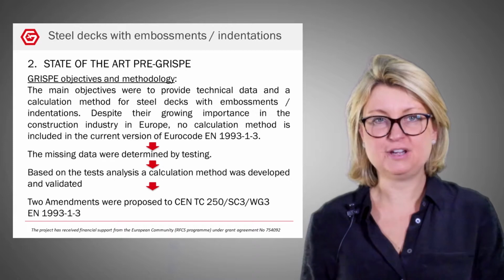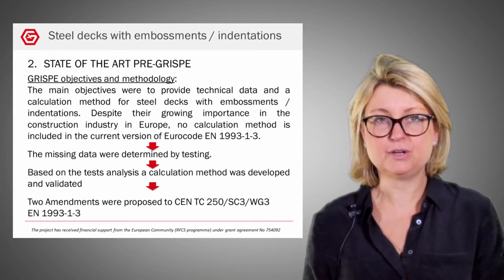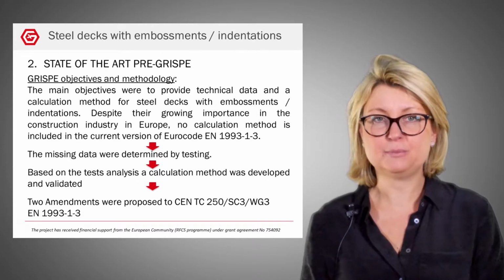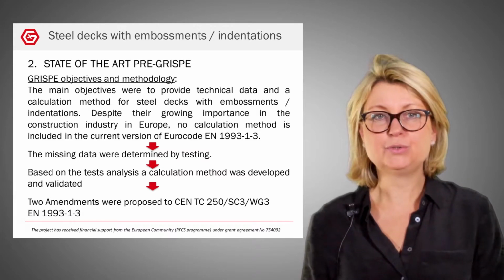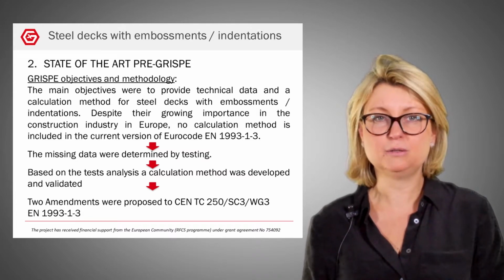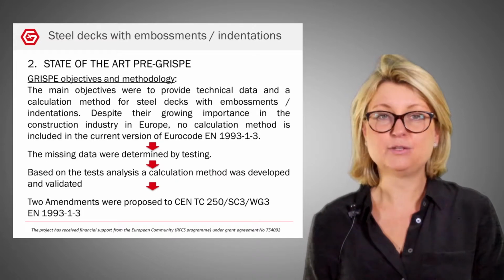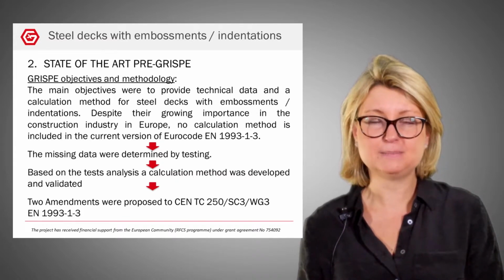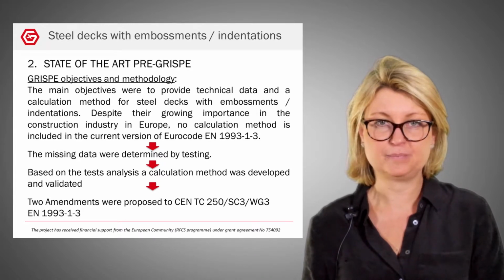The state of the art has allowed us to determine the GRISP project objectives and the methodology to be applied to achieve them. The main goals were to determine the technical missing data and, of course, a calculation method for steel decks with embossments and indentations.